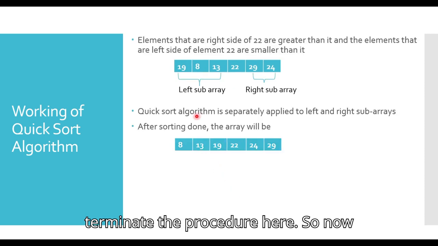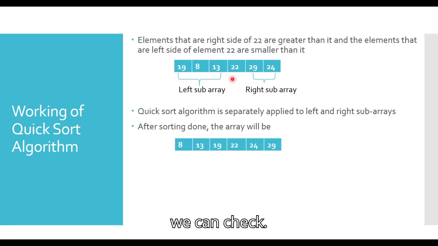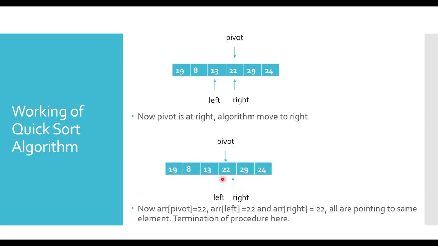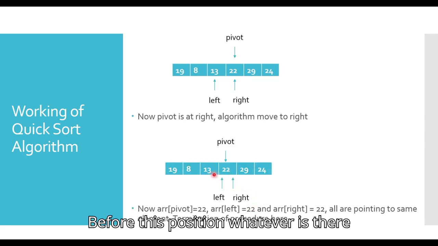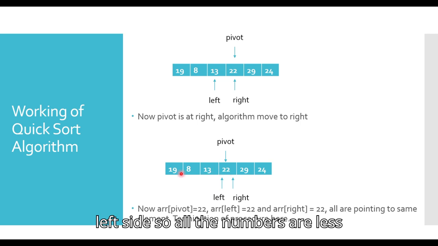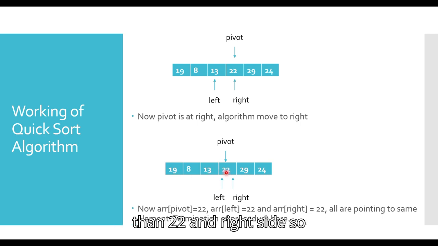Now we can check that on the left side of this position, all the numbers are less than 22, and on the right side the numbers are greater than 22.